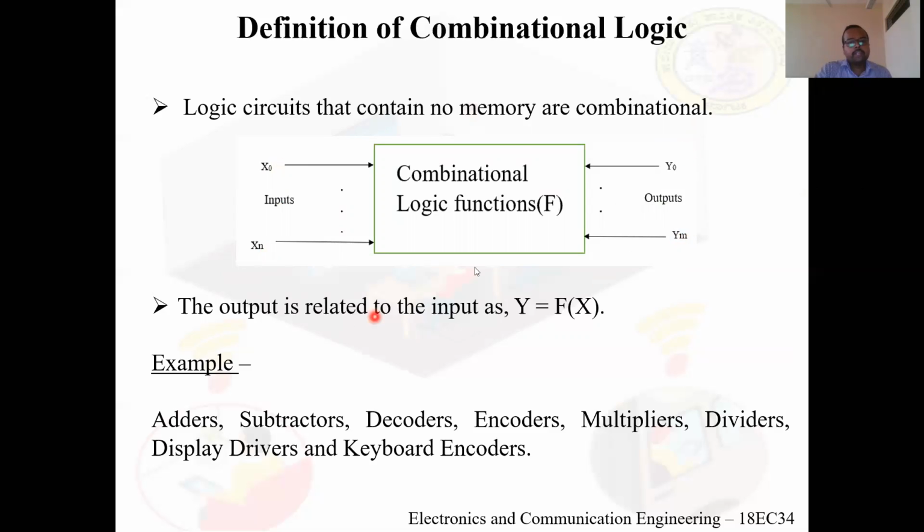And this combinational logic function is represented as: the set Y, which is the output set, is equal to a function of the input set. It means that the output is a pure function of the input variables, the combination of inputs. And what are examples of combinational logic circuits? Adders, subtractors, decoders, encoders, multipliers, dividers, display drivers, and keyboard encoders.